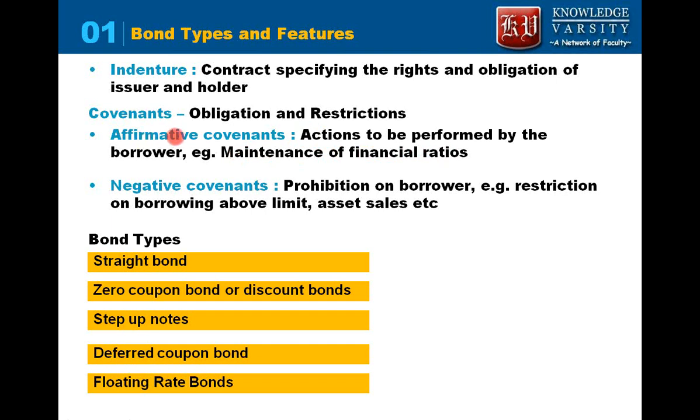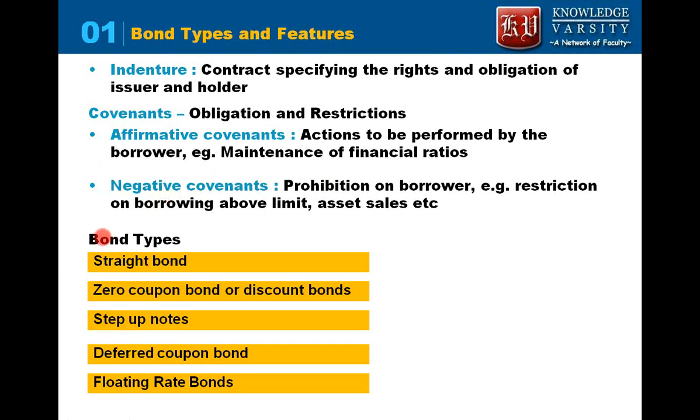These are the affirmative covenants. Similarly, there are some negative covenants, that is, they provide some restriction or prohibition on the borrower. These are like you cannot sell some asset, you cannot borrow above some limit. So these are the negative covenants. Each bond that is issued has these covenants or indenture.